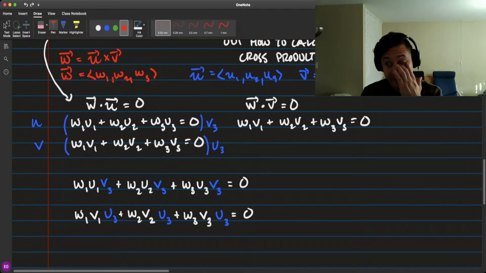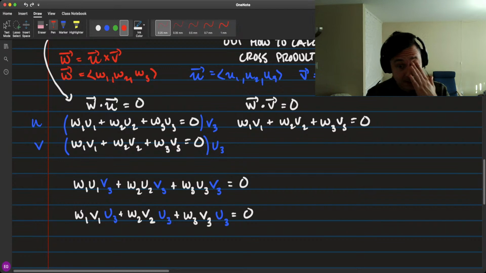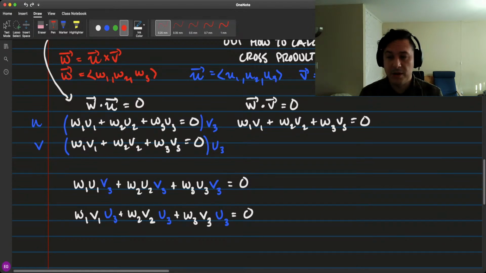There's more than 3 terms here, but this whole thing is a term. So which term can be eliminated at this point?